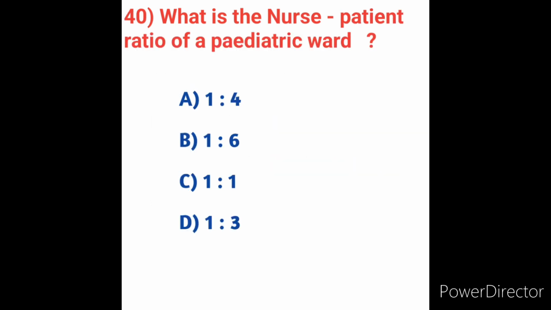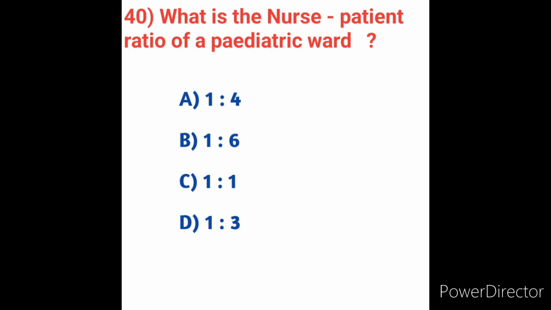Next we will move on to question number 40. What is the nurse patient ratio of a pediatric ward? We will see the options. Option A 1:4, option B 1:6, option C 1:1, option D 1:3. The nurse patient ratio in a critical care unit must be 1:2 and in an emergency department must be 1:4.